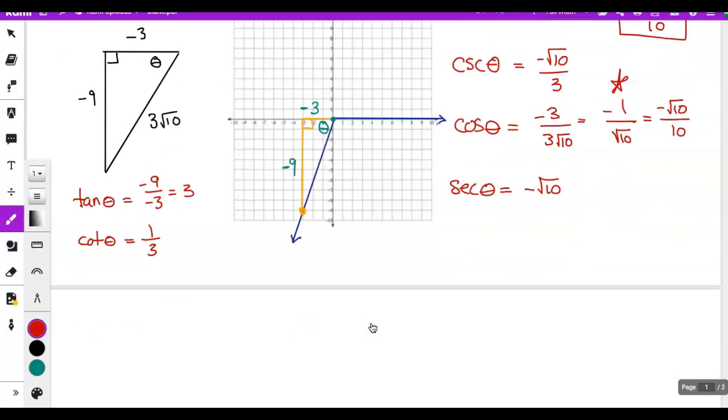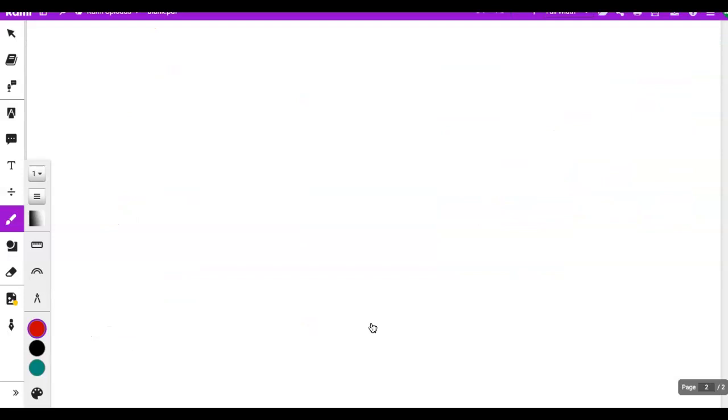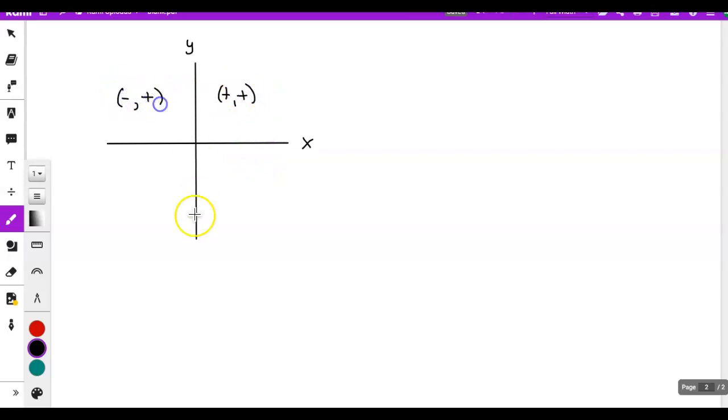So you learned in pre-algebra or whatever, when you have a coordinate plane, and this is your x-axis and this is your y-axis, both coordinates are positive in the first quadrant. In the second quadrant, your x's are negative, but your y's are positive. In the third quadrant, both coordinates are negative.